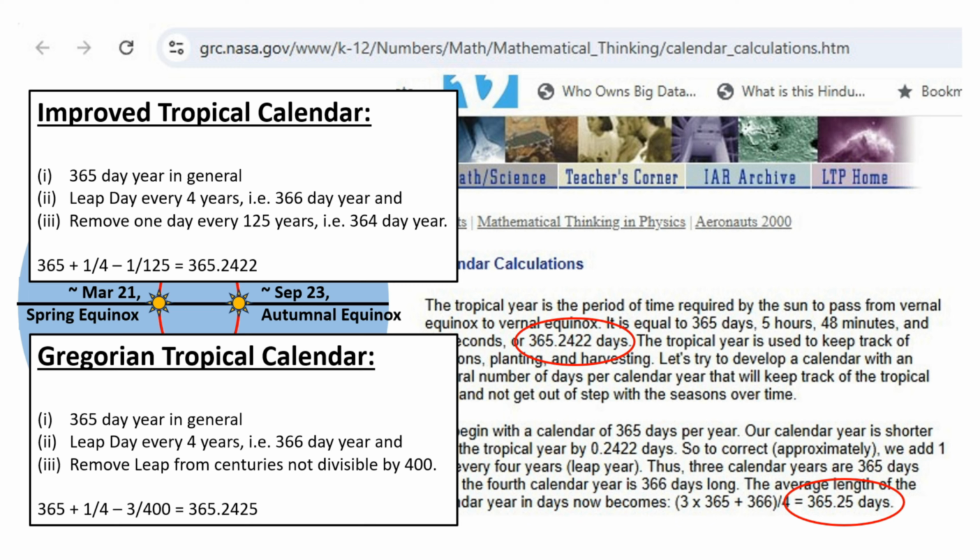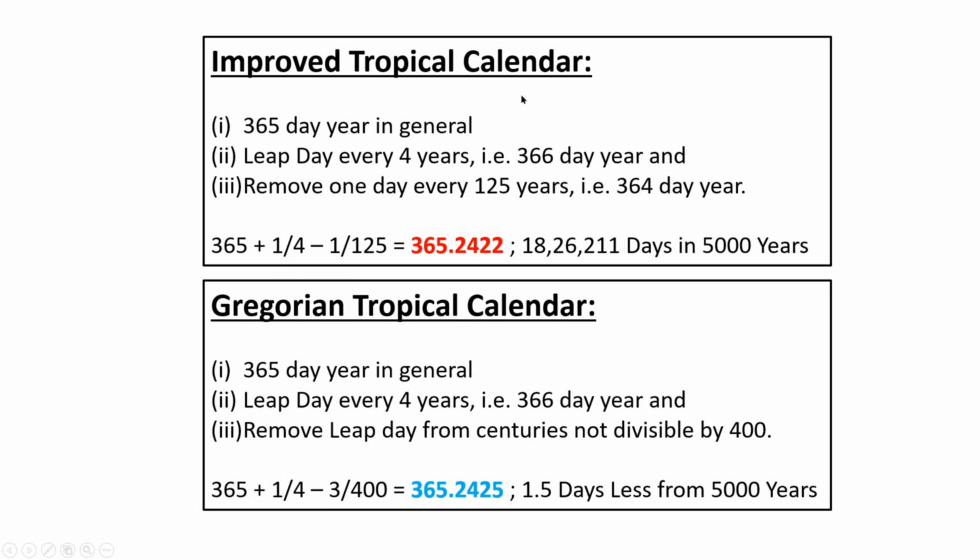Unless we include others over lakhs of years, obviously there will be many more corrections that will come. But regarding the precision of the equinox and the tropical year, even over 4,000, 5,000, 10,000 years, this will be a little more accurate than the Gregorian calendar.